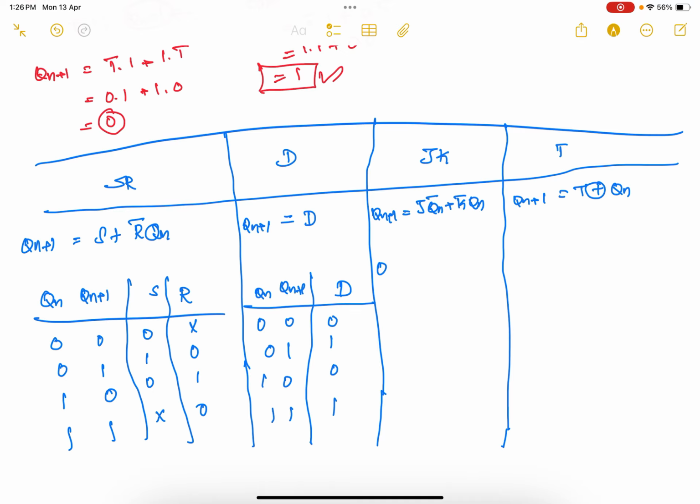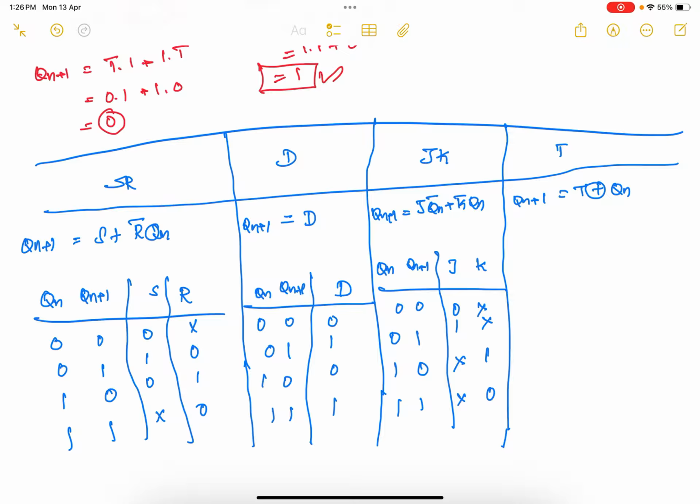And in your JK flip-flop, that is Qn plus 1, what will be my J and K? So 0 0, 0 1, 1 0, 1 1. Here the first bits 0 1 will come the same, and he will mention here X and X, and here once again X and X, and this will be 1 0.